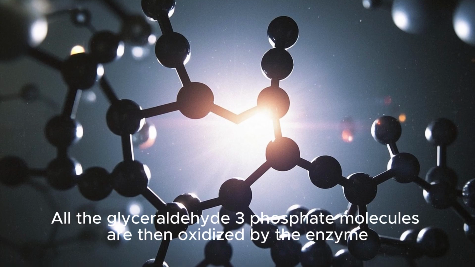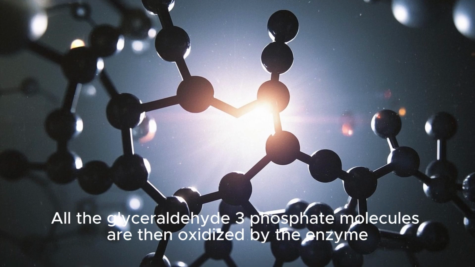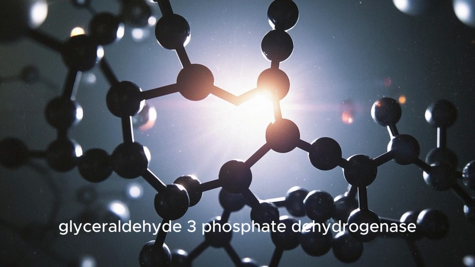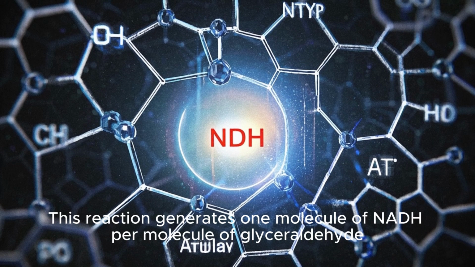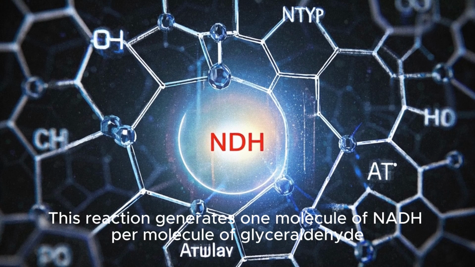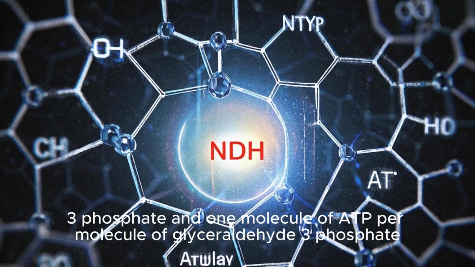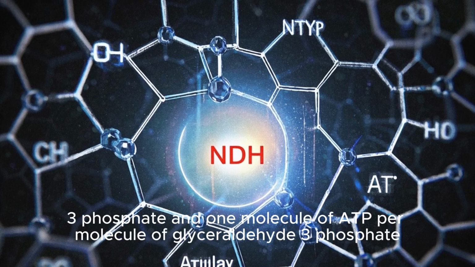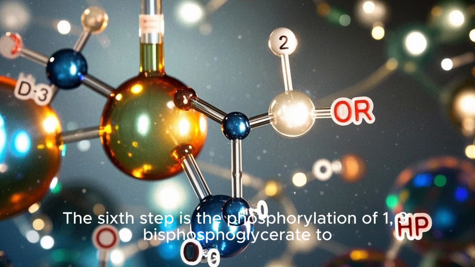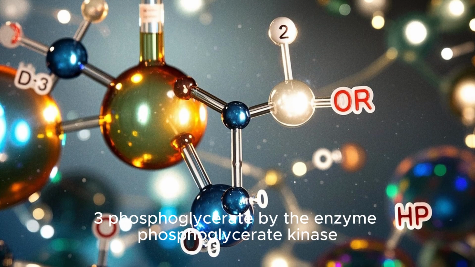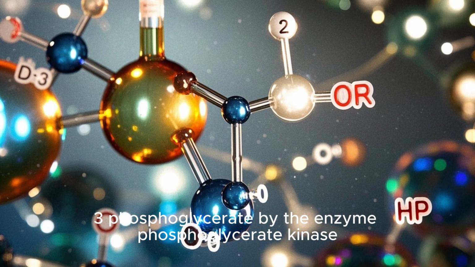All the glyceraldehyde 3-phosphate molecules are then oxidized by the enzyme glyceraldehyde 3-phosphate dehydrogenase. This reaction generates one molecule of NADH per molecule of glyceraldehyde 3-phosphate and one molecule of ATP per molecule of glyceraldehyde 3-phosphate. The sixth step is the phosphorylation of 1,3-bisphosphoglycerate to 3-phosphoglycerate by the enzyme phosphoglycerate kinase.